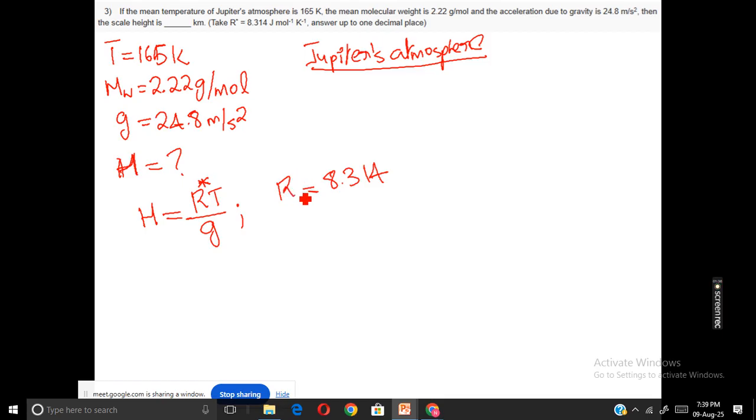Let this be R star. From the value of R, how can we calculate the value of R star? R star is R by something.